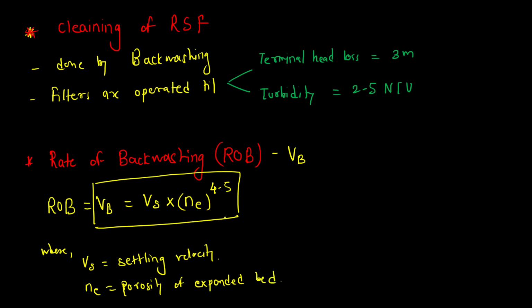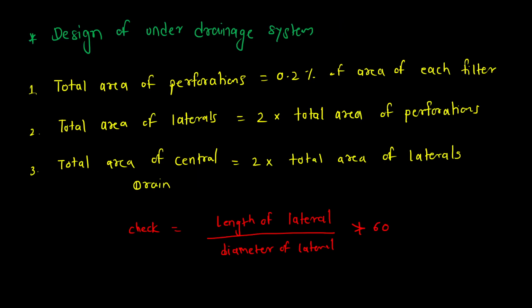Okay, so with this you can calculate the rate of backwash. So these are all the formulas and concepts related to rapid sand filter. There is one more concept, the operational difficulties in rapid sand filter, that we will discuss in a separate video, but overall all the concepts are covered in this video.